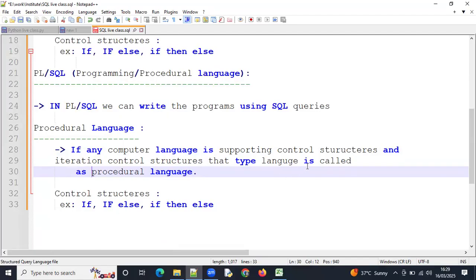Control structures means these conditions, if else conditions, and iteration control structures means, as the name itself tells, we are going to repeat the same kind of conditions and structures. Then that is called a procedural language.